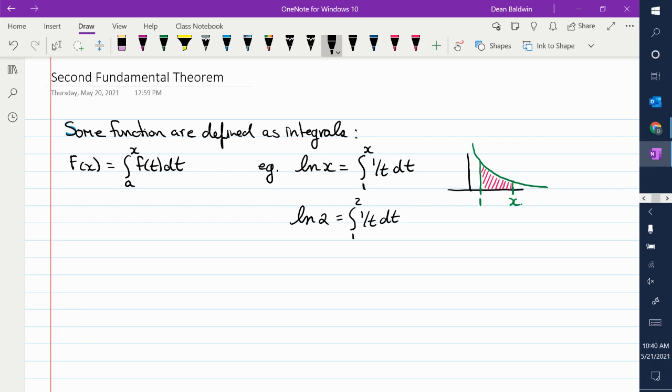Natural log of 2 is 0.69. So it means on that graph, that area is 0.69.